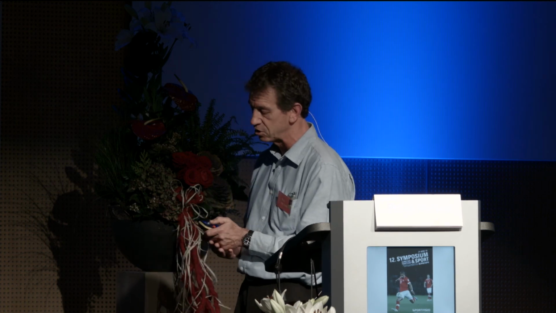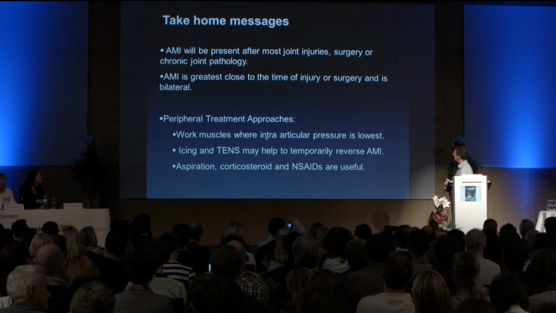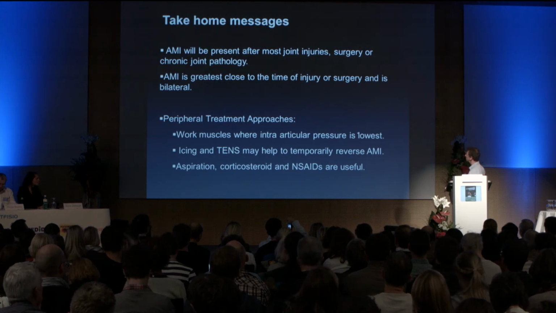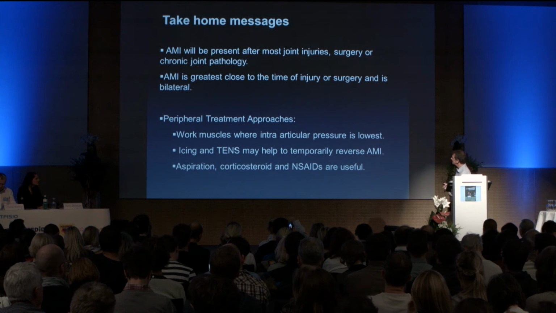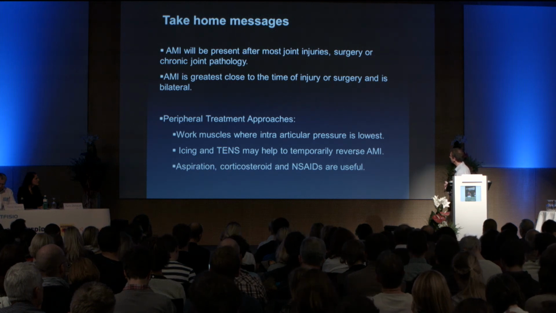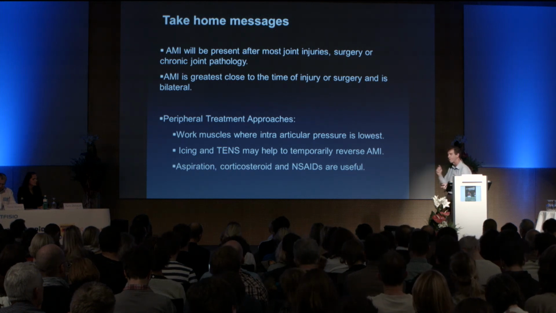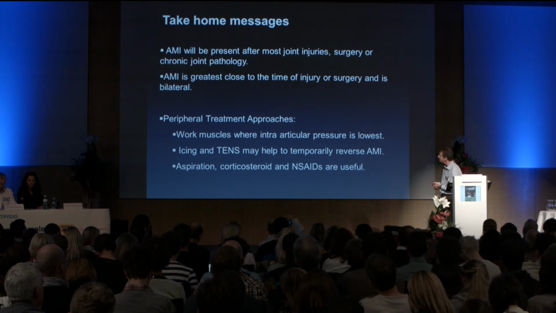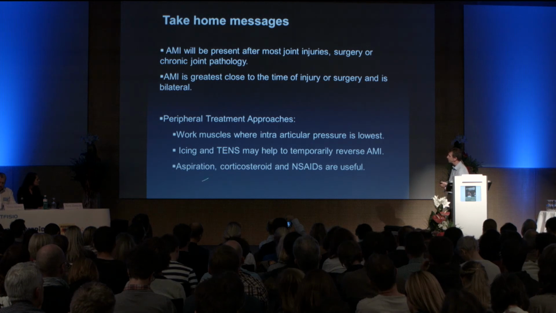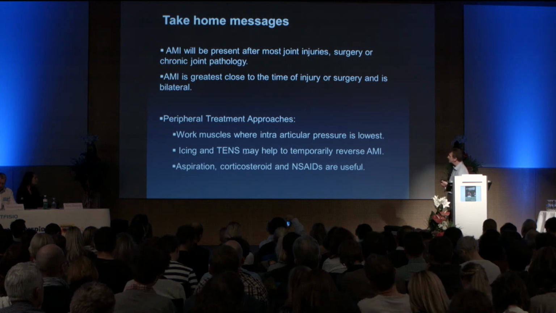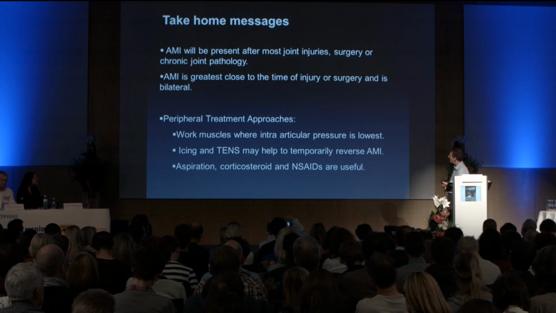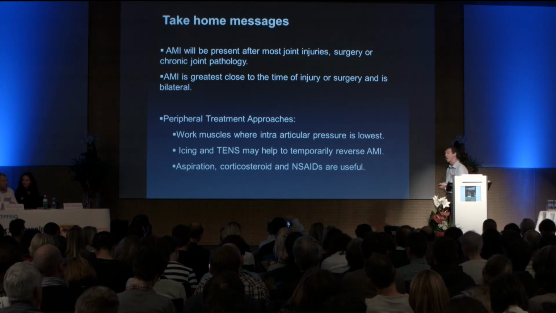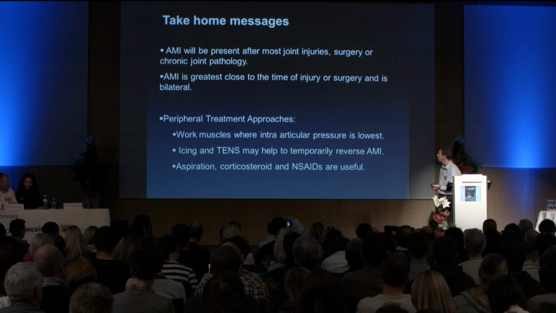So to work the muscles firstly at a joint angle where the intra-articular pressure is lowest, icing and TENS may help to temporarily reverse the AMI, provide that window in which you can get in there and do some training. And then finally, aspiration of the fluid directly, adding some corticosteroid in there, and as you saw in the very last slide, non-steroidal anti-inflammatories are also useful.